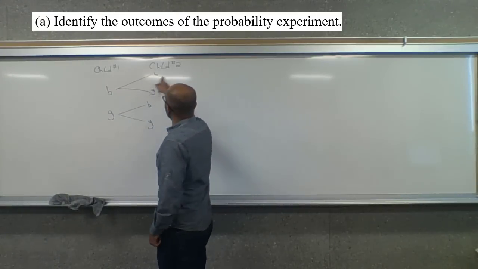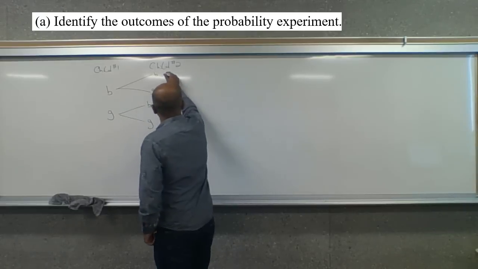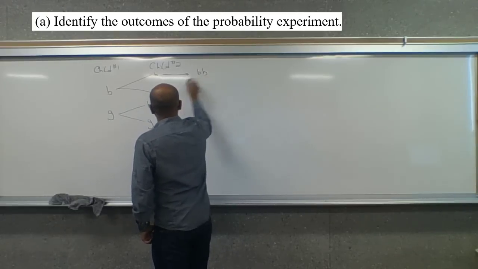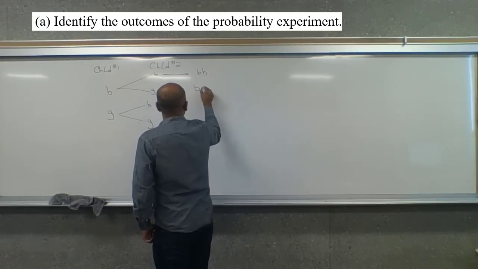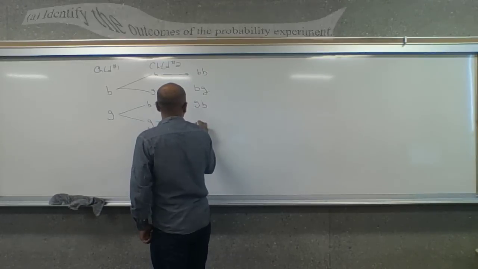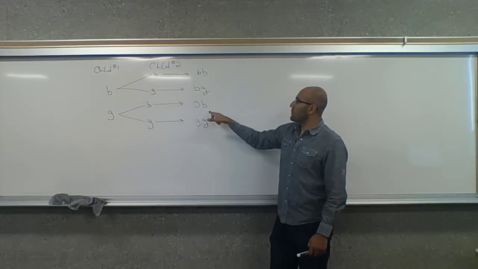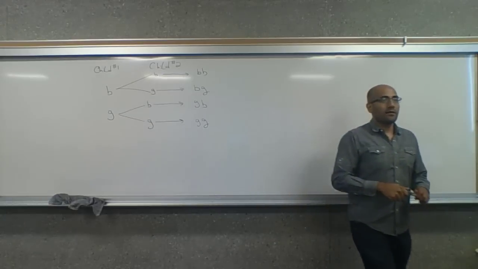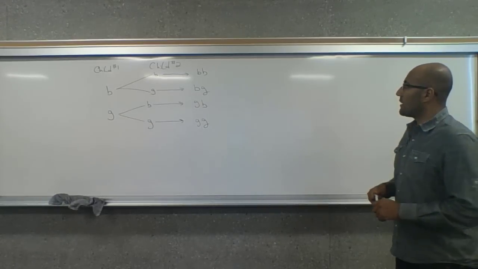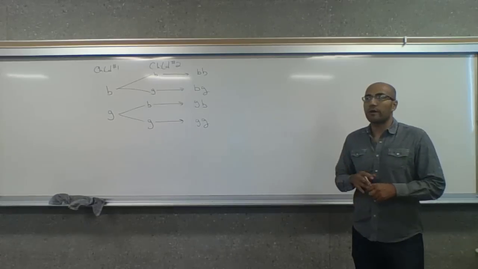If we follow this tree across, we see boy, boy; this one leads to boy, girl; this one leads to girl, boy; and this one leads to girl, girl. Okay? So there are 4 possible outcomes when we do this experiment.